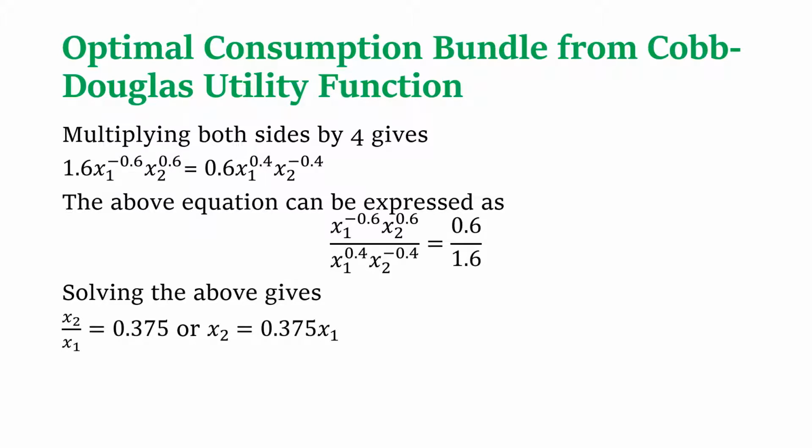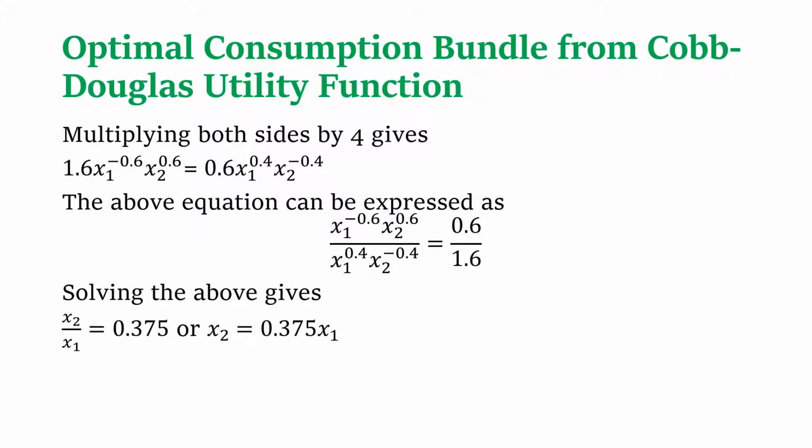By simple algebraic manipulation, we just cross multiply. We get x2 to the 0.6 over x2 to the minus 0.4 times x1 to the minus 0.6 over x1 to the 0.4 equals 0.6 over 1.6, so we just divide this 0.6 by 1.6.